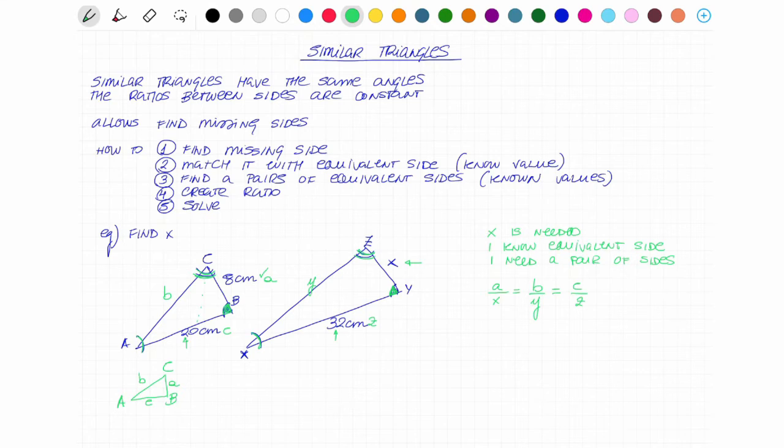The way of remembering where to put things: you go both through numerator or denominator, they need to be values about the same triangle, and then in each one of the ratios there are sides between the same angles. That way you know you've got the right one.